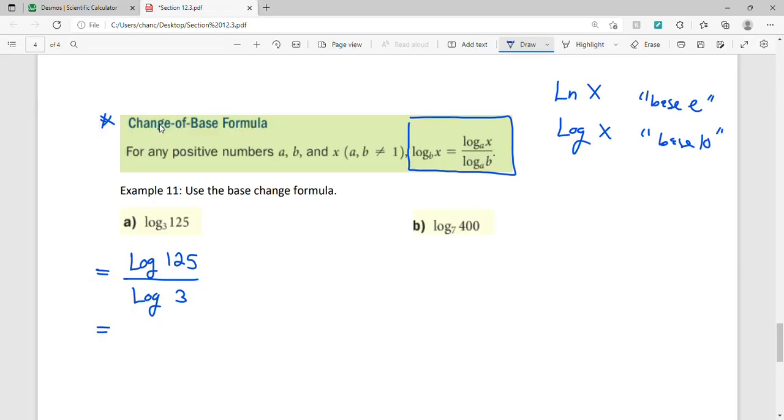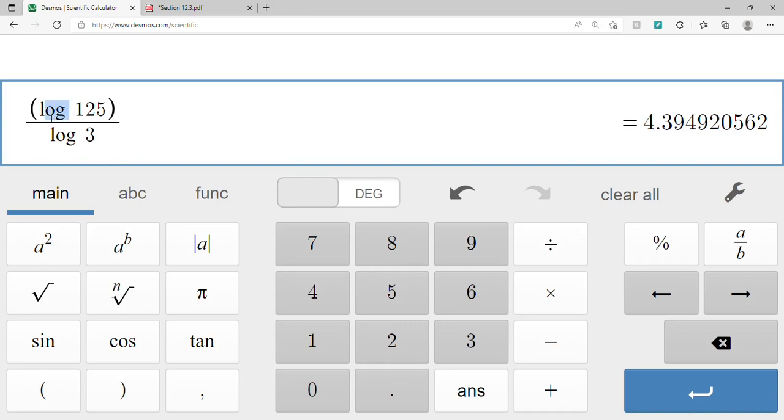So this gives us approximately 4.395. That's because my calculator has base 10 in it. But you can easily use natural log. This is equivalent to the natural log of 125 divided by the natural log of 3. Try it out with your calculator and you should get 4.395. Let's try it again. The natural log of 125 divided by the natural log of 3.